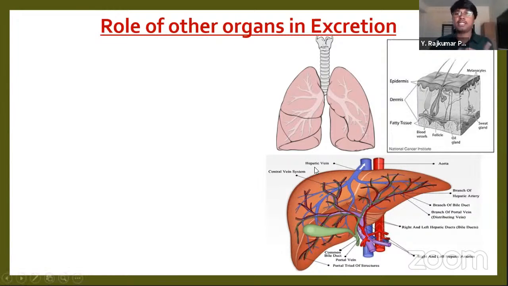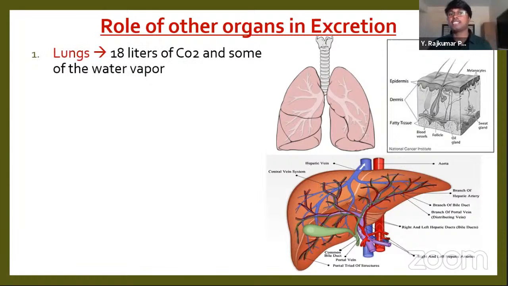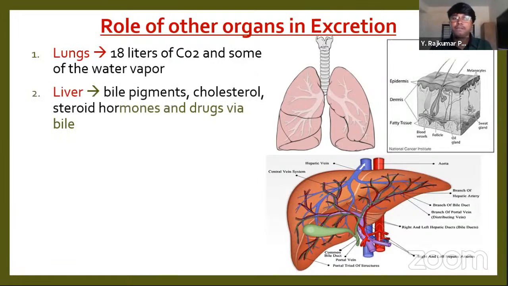And the gaseous waste here is carbon dioxide, which is removed by the lungs. Lungs remove 18 liters of carbon dioxide, and some amount of water vapor also. Carbon dioxide is a toxic substance for the body.